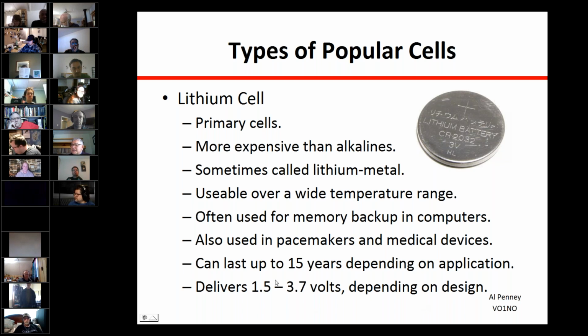Depending on the exact design, they deliver 1.5 to 3.7 volts, and you will encounter these in circuits where you need a little bit of voltage after the radio has been turned off to maintain things like memory. So you'll eventually have to replace this type of cell in a lot of radios where you want to maintain the memory for memory channels and settings after you unplug the radio.